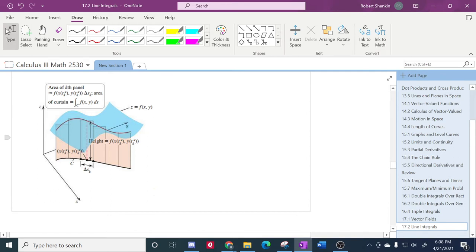But all that we're doing is saying, hey, when we take a piece of arc length and multiply it by a height, a sample height, might be the midpoint, that height times the width gives us the area of this little piece of the curtain. And if we add the areas of all the pieces of the curtain, we get the area of the entire curtain.